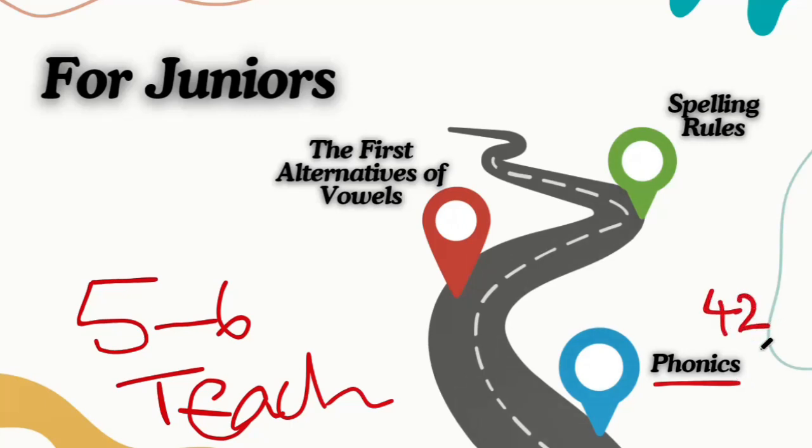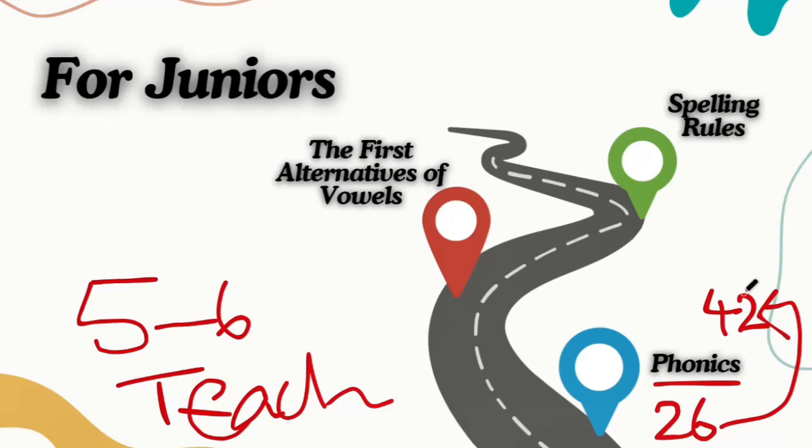So if you get a student who already knows the 26 letter sounds, first you need to teach him all the 42 sounds that are in Jolly Phonics. And if you don't know them, check the first video of this series where I have shared the 42 sounds, which is the first milestone if you want to learn spelling rules.